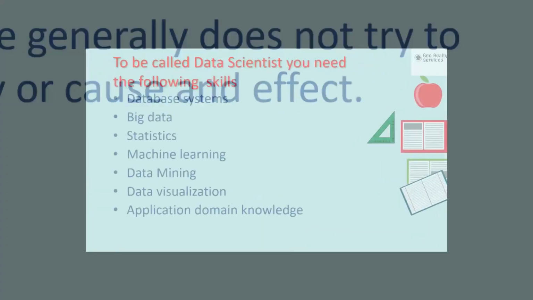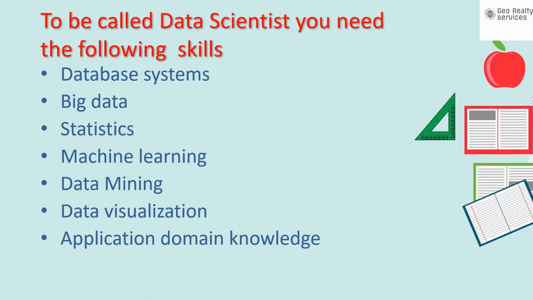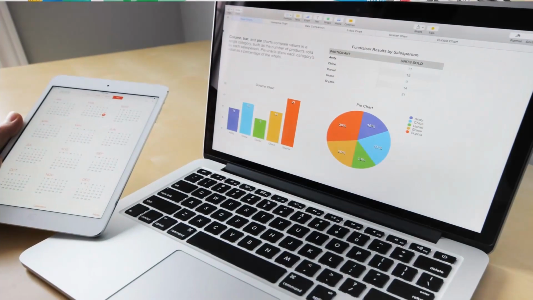To become a data scientist, he or she needs to have expertise in a variety of disciplines, such as database management, big data systems, such as Hadoop, which should be understood for data handling and management, machine learning, data mining, data visualization, and application domain knowledge.